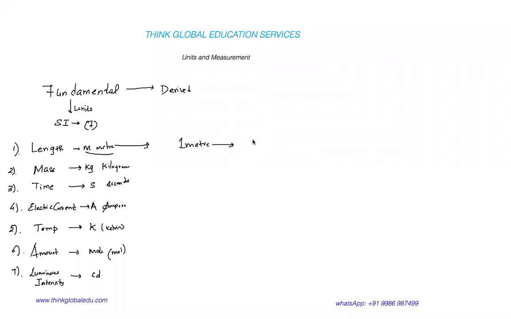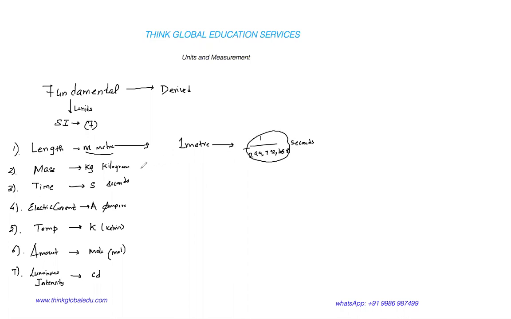So 1 meter is the unit of length, and 1 meter is defined as the distance traveled by light in vacuum in 1 over 299,792,458 seconds. This is the distance traveled by the light in this part of a second. That is called 1 meter.